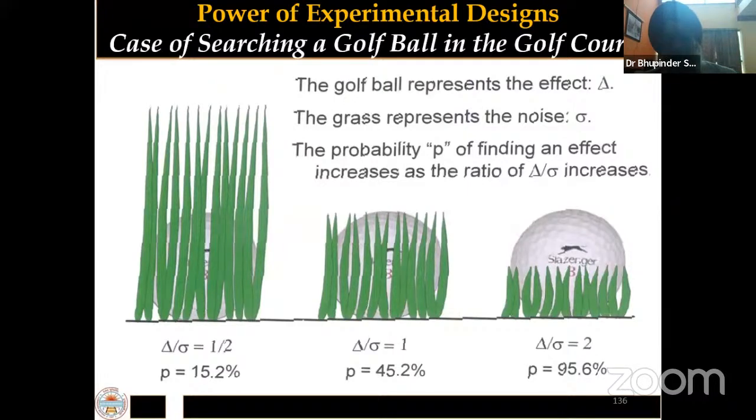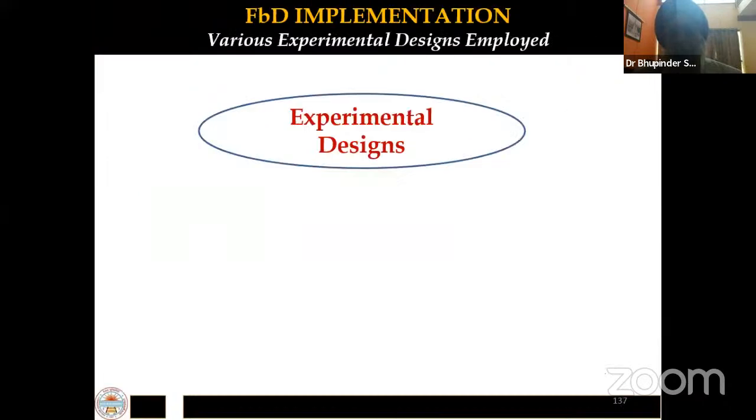But if they are equal, 45%, and if the grass is well mowed to half the length of the ball, then 96% possibility is there to spot that ball. So this is the beauty of signal to noise ratio in case of experimental design.